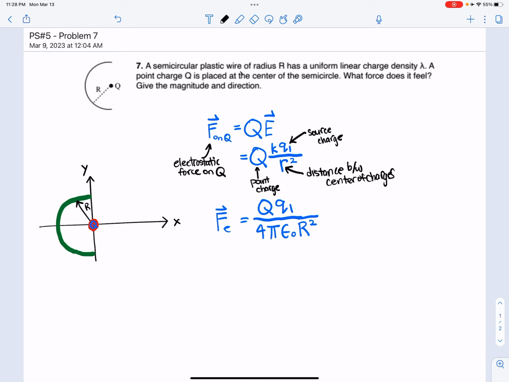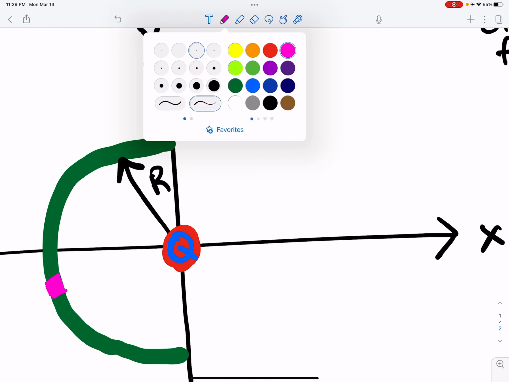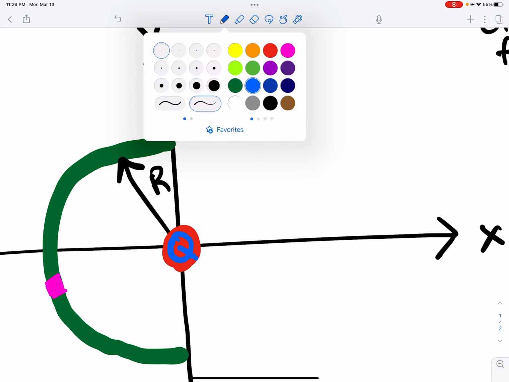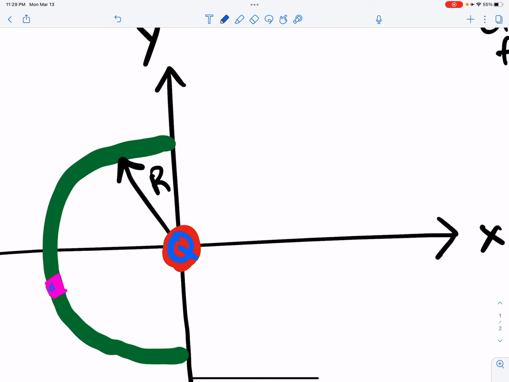All right. What if I wanted to break this semicircular plastic wire into little chunks right here? I'm going to call this little chunk of charge dQ.